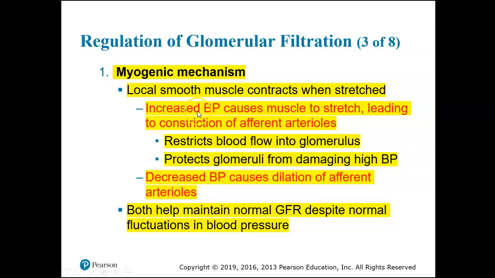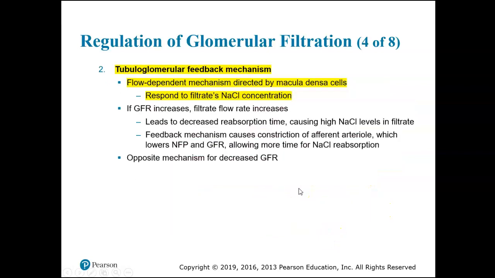The higher the blood pressure, the more those afferent arterioles constrict, which will then lower the blood pressure. And too low blood pressure, which means low GFR, will cause those afferent arterioles to dilate. So that's the myogenic mechanism.